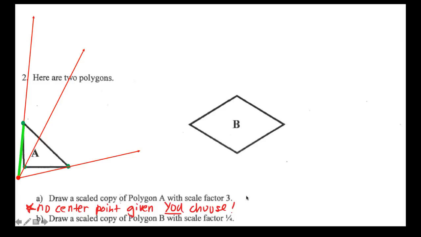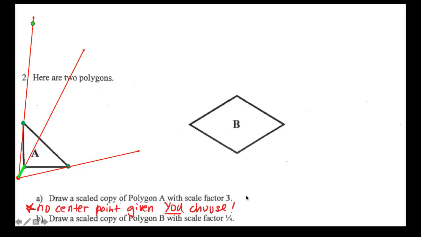And then I'm going to take that measurement and duplicate it 3 times. Okay, so starting from the center, 1, 2, 3. Those are my 3 scale factors. Back that up. So I take the distance 1 time, 2 times, 3 times. That gives me my new point for my scaled triangle.